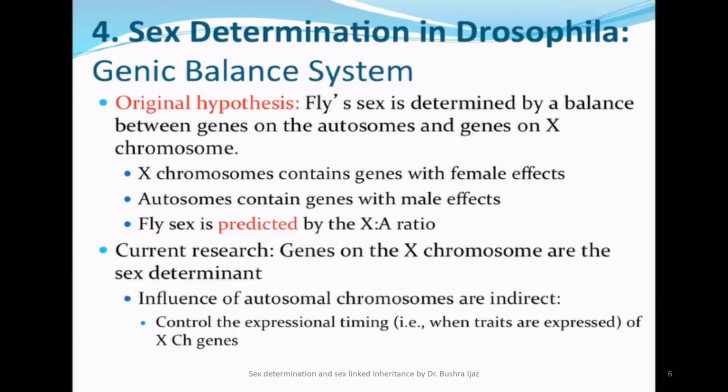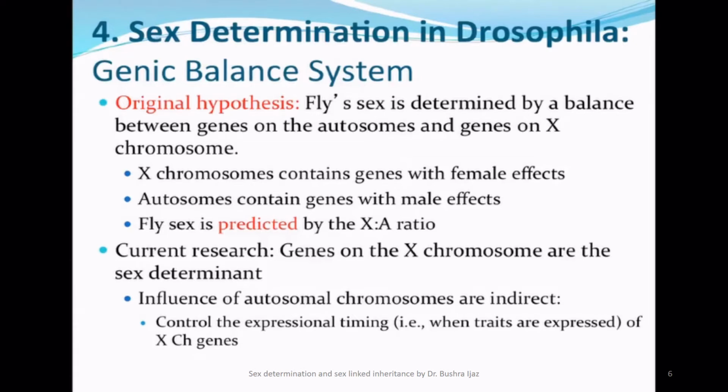And the autosomes would contain genes coding for proteins specific to male effects. The result of those two hypotheses was that the fly's sex was predicted by the X chromosome to autosome ratio. So X to A is the X chromosome to autosome ratio.